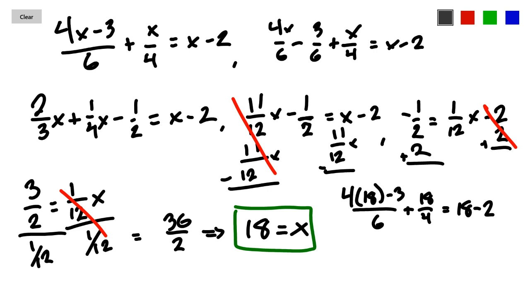So I've got 69 over 6 plus 18 over 4, which is just 9 over 2, is equal to 16. So if I convert this into sixths, I'd have 27 over 6. 69 plus 27 gives me 96, and then that is also equal to 16. So x is equal to 18 here is the answer.